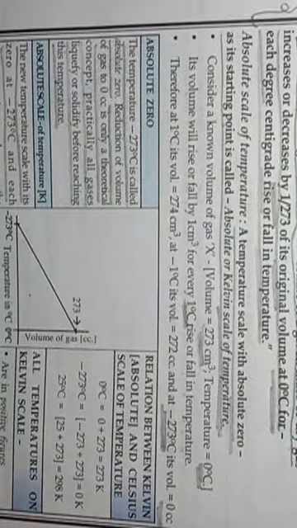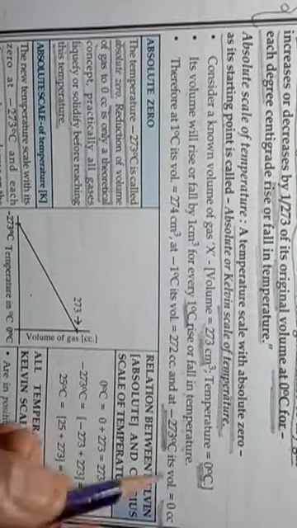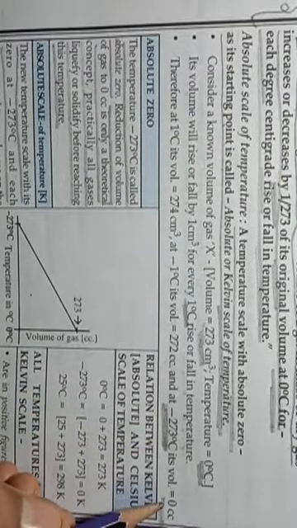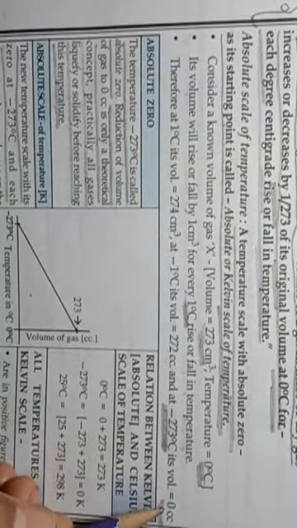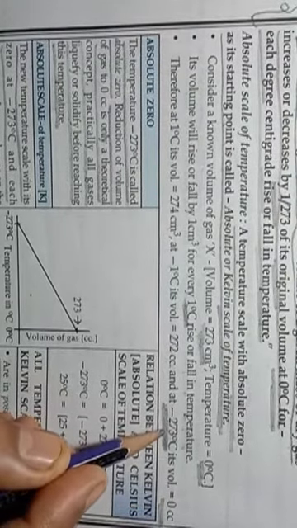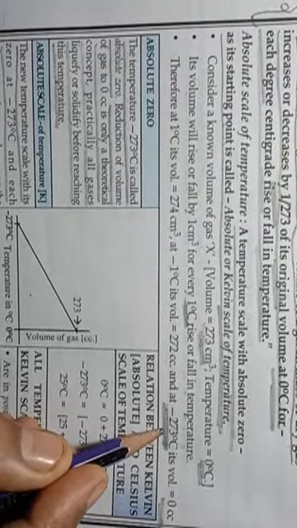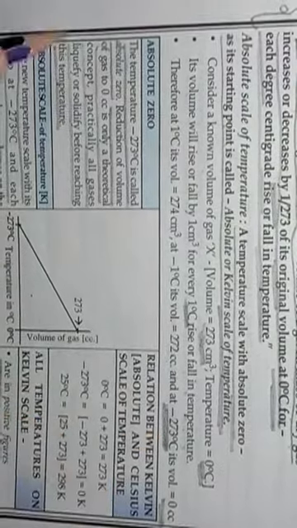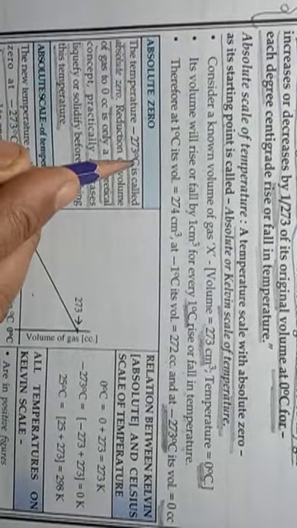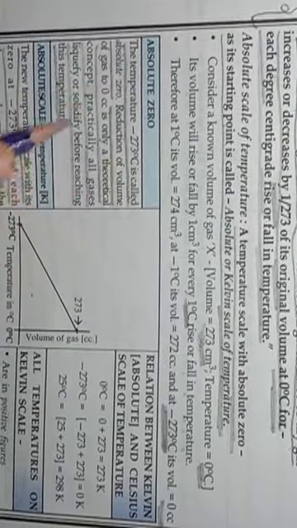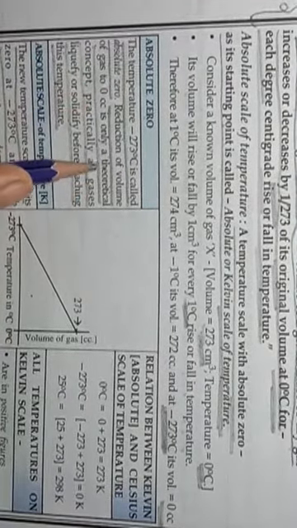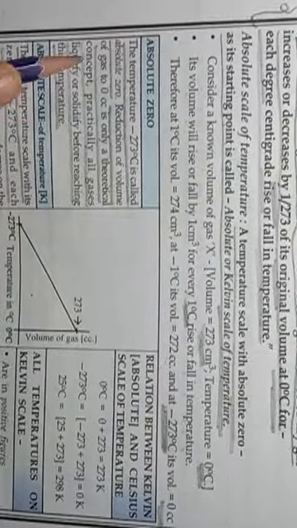0 cc. The temperature at which the volume of the gas becomes 0 is known as absolute zero temperature. Absolute zero is the temperature of minus 273 degrees Celsius. Reduction of the volume of a gas to 0 cc is only a theoretical concept.